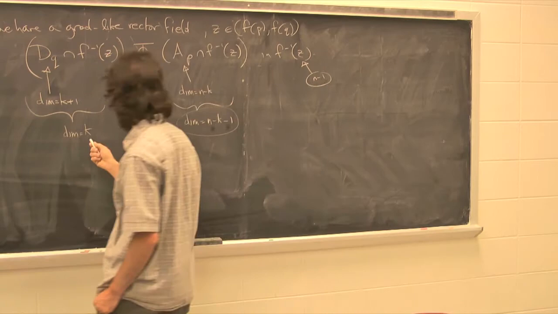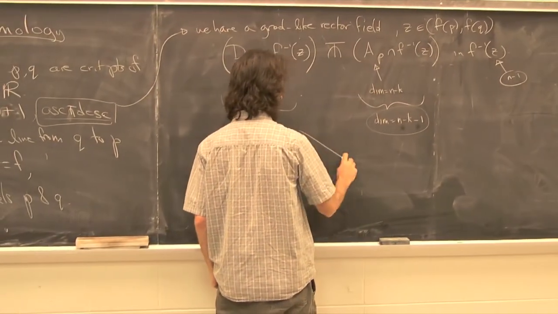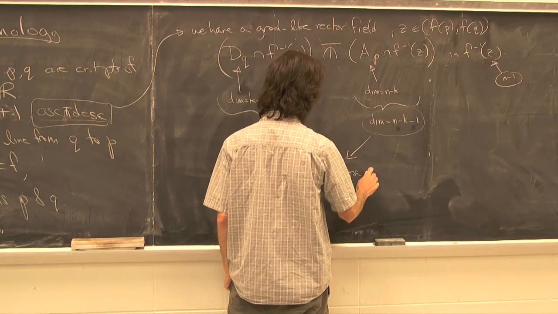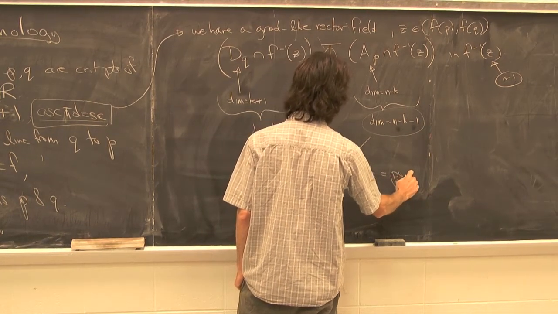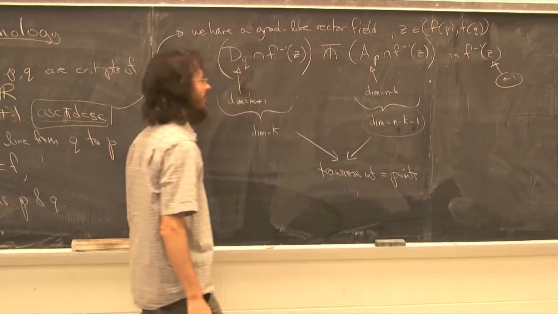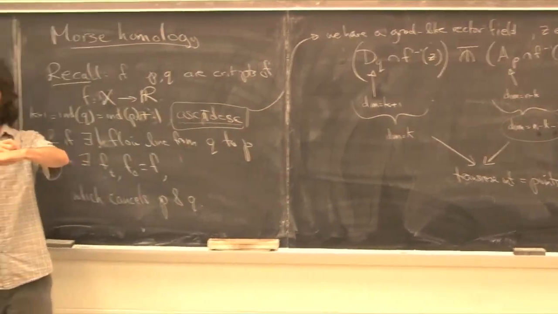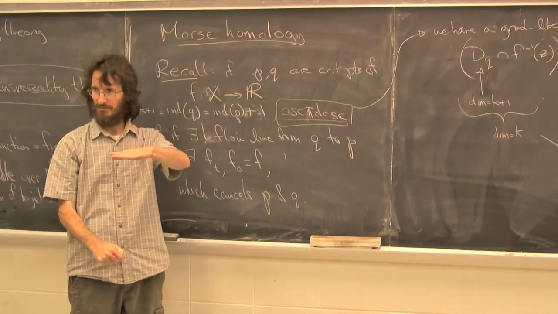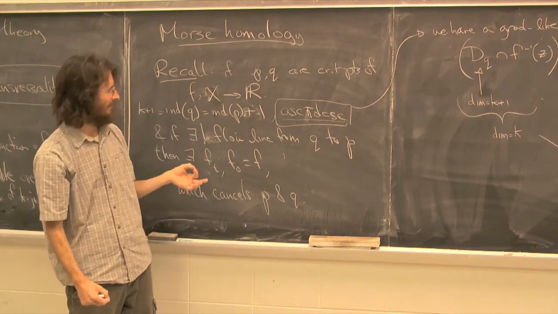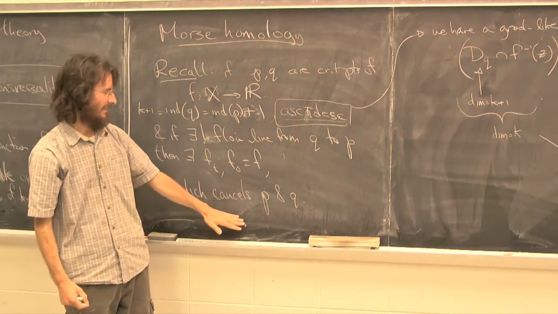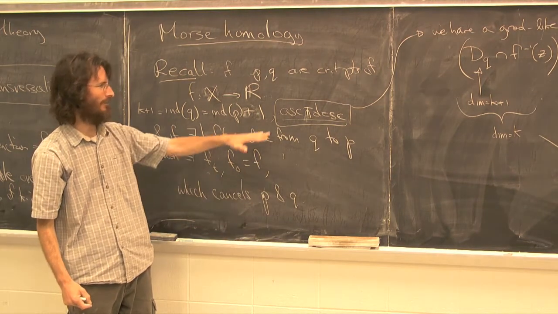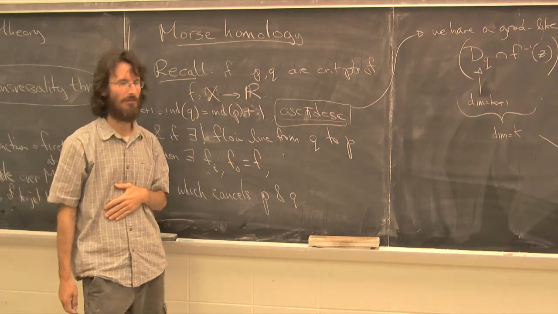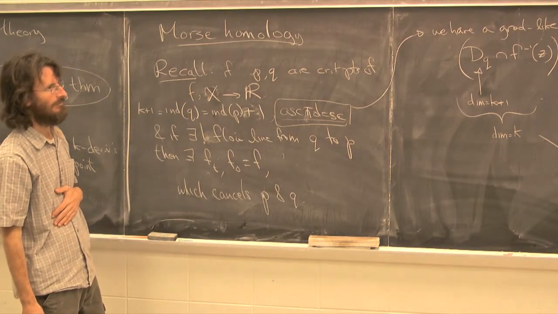But these are points in this intermediate level set, so each point is really a flow line from one critical point down to the other. And the reason I emphasize that this cancellation lemma doesn't apply if you don't have that transversality is that you could have two flow lines masquerading as one. Questions? No.